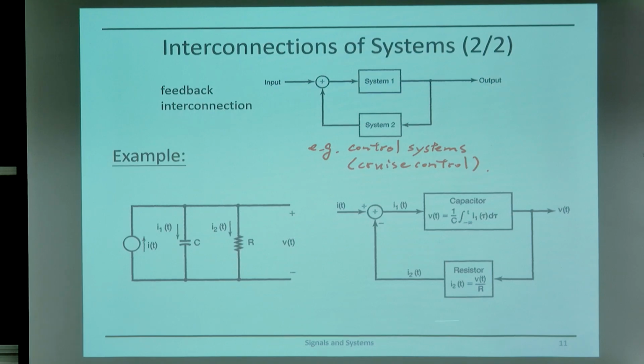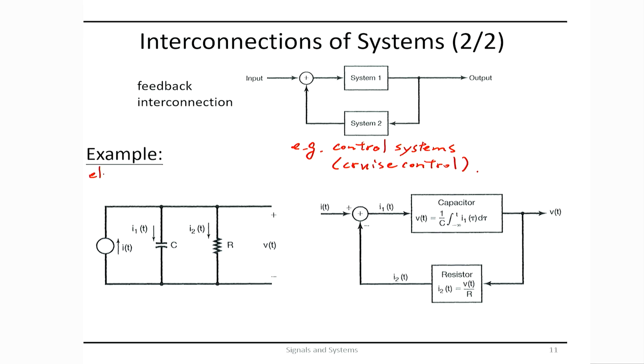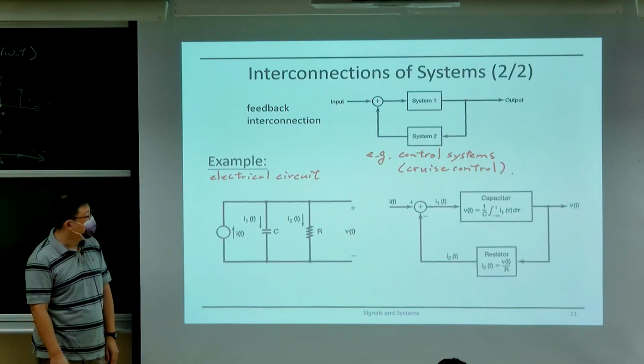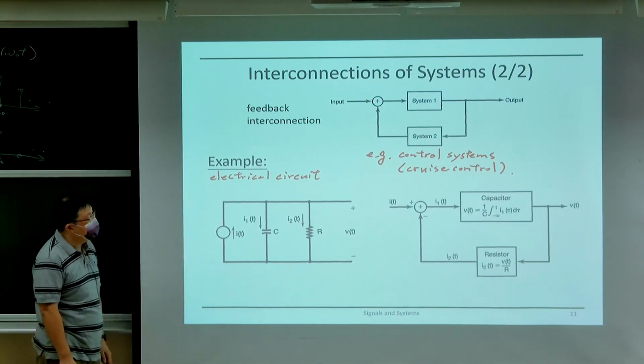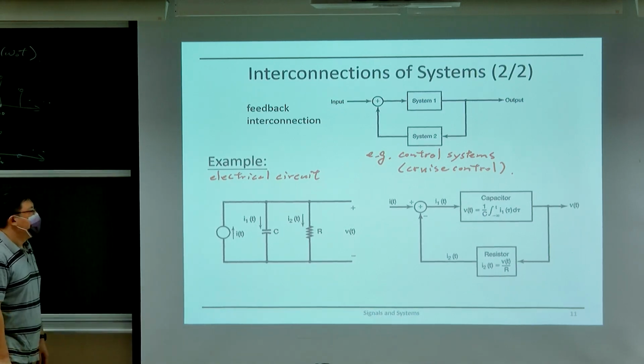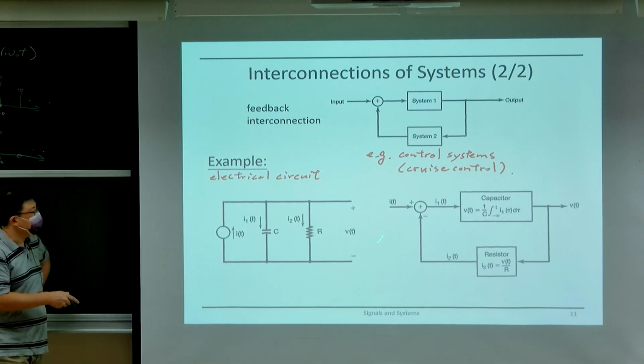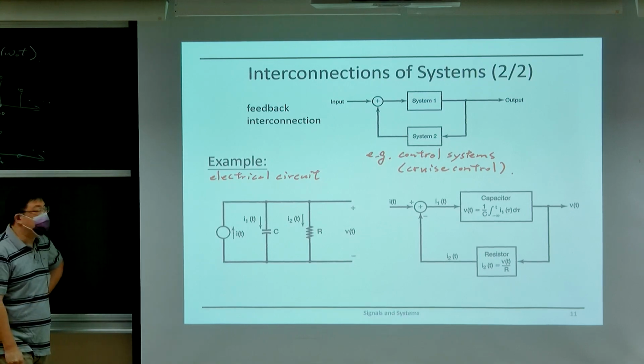Now here we have an example of this feedback interconnection in a simple electrical circuit. Okay? So this is an RC circuit with a current source, right? So why can this be viewed as a feedback interconnection?